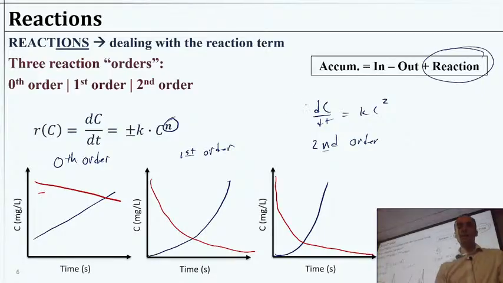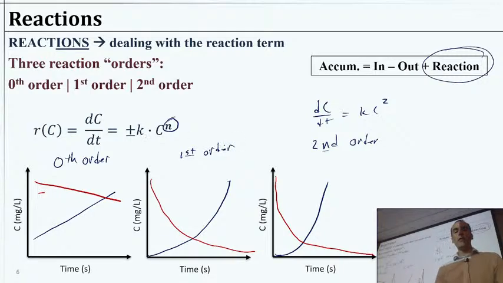The K has to satisfy our units. So we have to be talking about mass per time units when we deal with these. So if on the left we have dC/dt, on the right we need concentration per time. Okay, so if our reaction order is 0, K has to satisfy concentration per time.